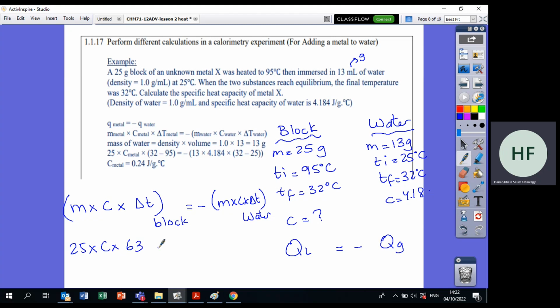So we have minus 63 is equal to minus the mass 13 times 4.18 times 32 minus 25, 7, and then you will get C.